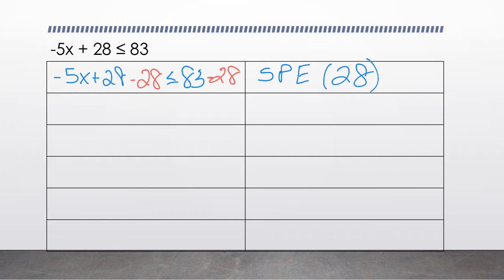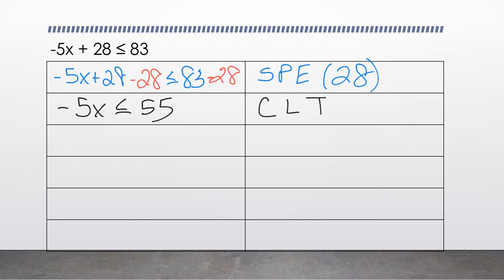My next line, I'm just going to combine my like terms. I end up with -5x is less than or equal to 55.